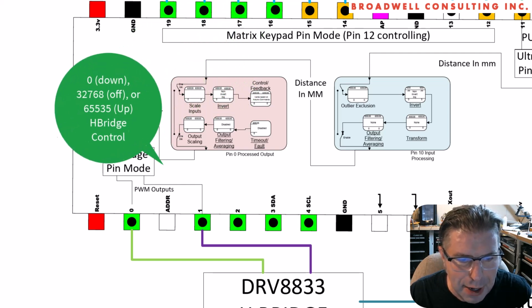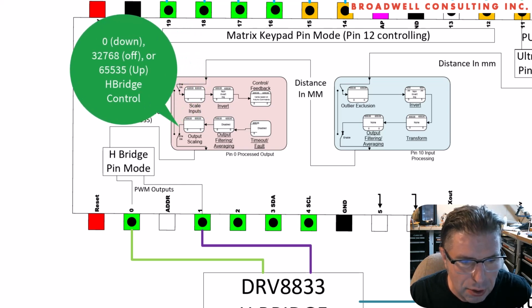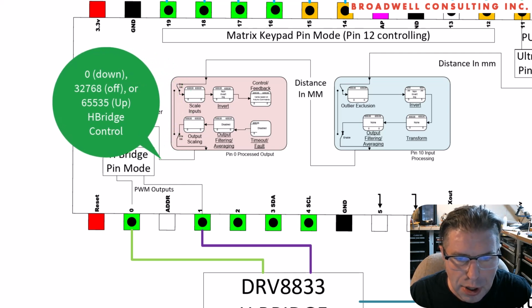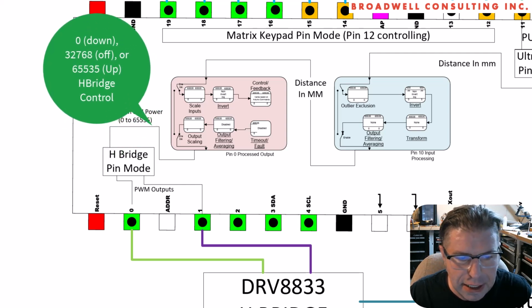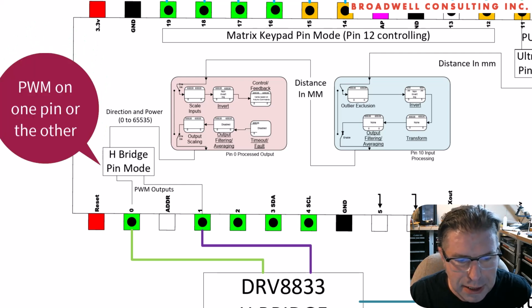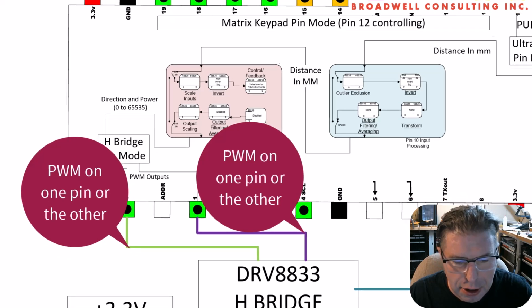We didn't use the timeout fault. We didn't end up averaging or filtering the output or scaling it. So then we sent out a value that at any given time was either 0, 32,768, or 65,535 to the H-bridge pin mode. And it took that and either pulsed pin 0 or pulsed pin 1 with a PWM and set the other pin low.